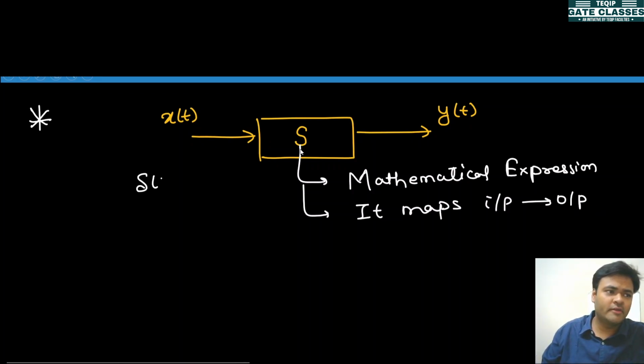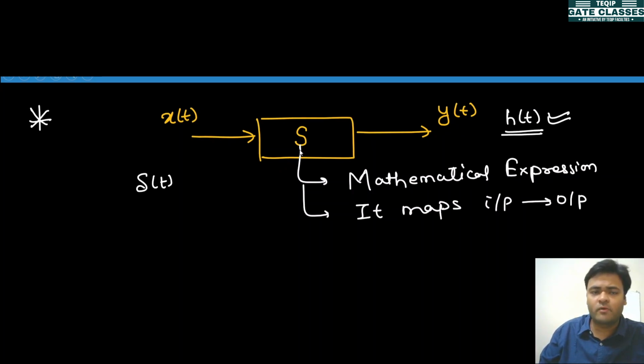Whenever we give a unit impulse input, and let's suppose for unit impulse input we get output as this, this is called the impulse response, because the input we have taken is an impulse. Whenever we give u(t), a unit step input, we get some response, we'll call it the step response.